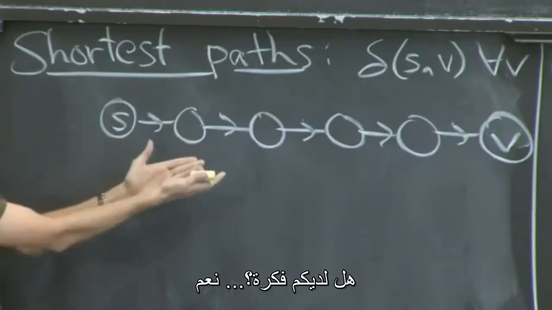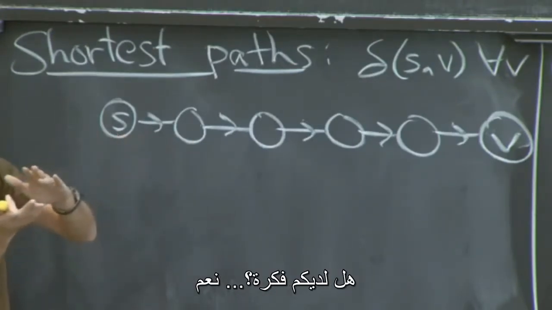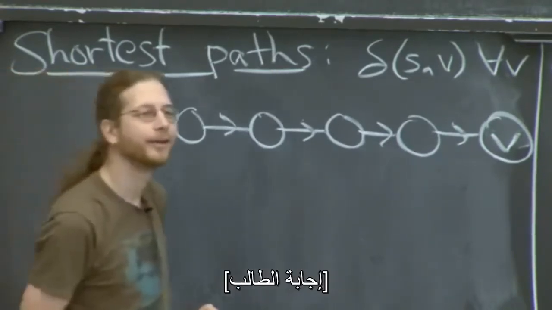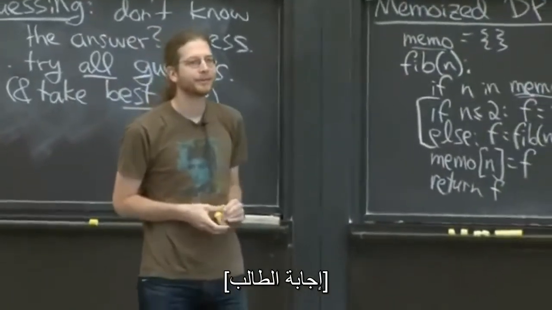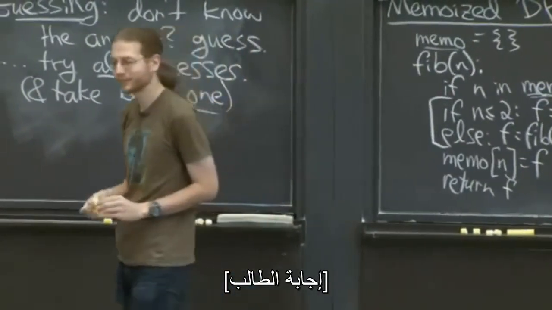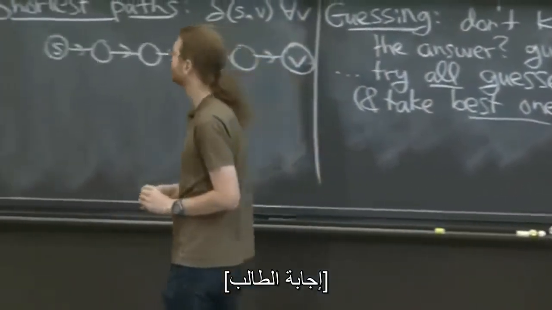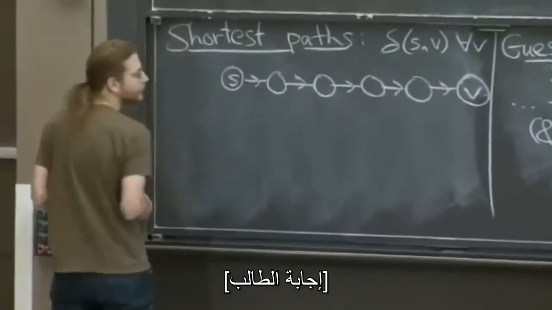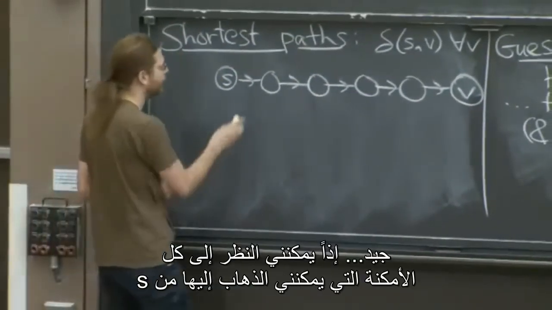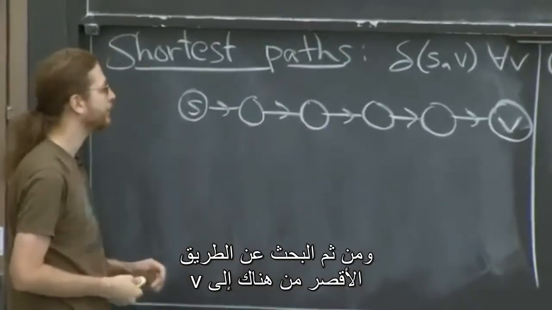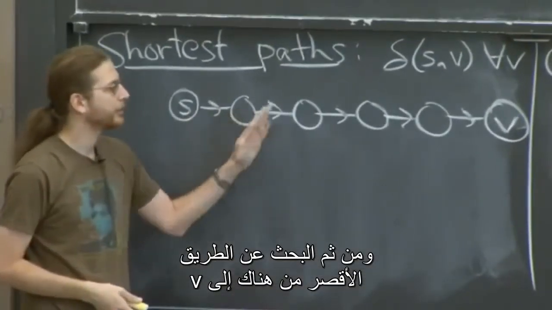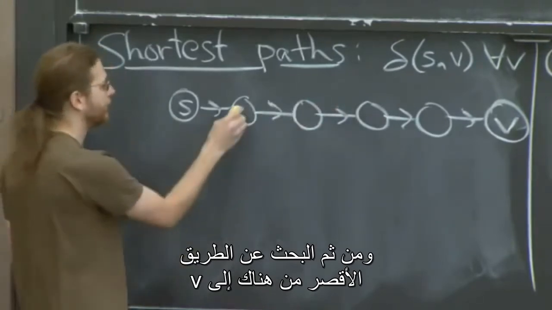Suppose this was it. You have an idea already? Yeah. One thing you could do is look at everywhere you can go from S and say, okay, what's the shortest path of each of those nodes? Good. So I could look at all the places I could go from S, and then look at the shortest paths from there to V. So we could call this, I don't know, S prime.